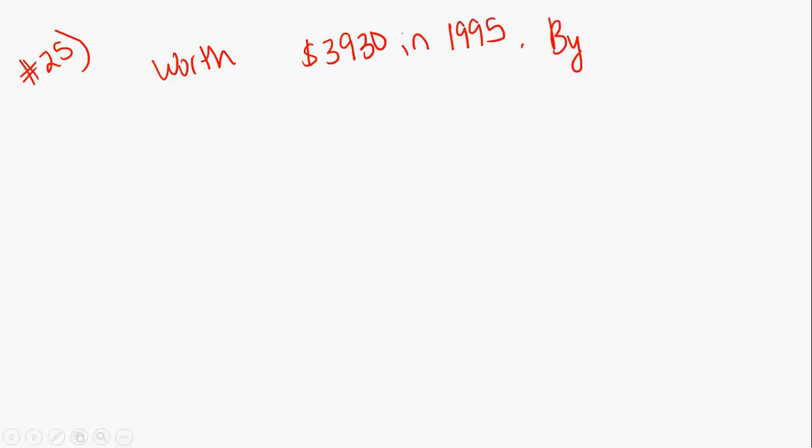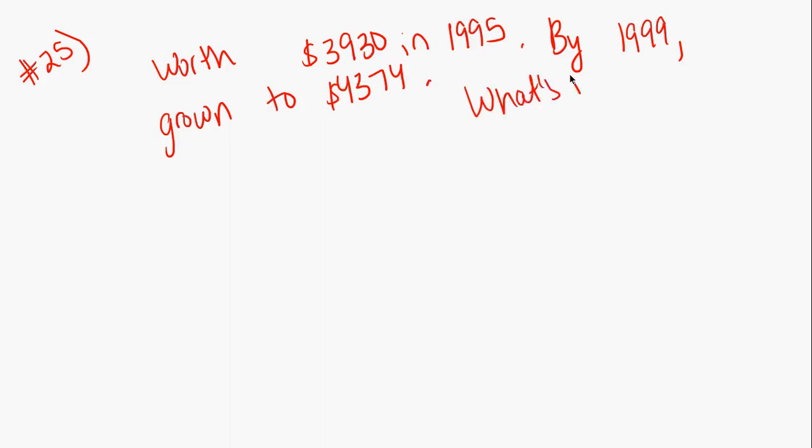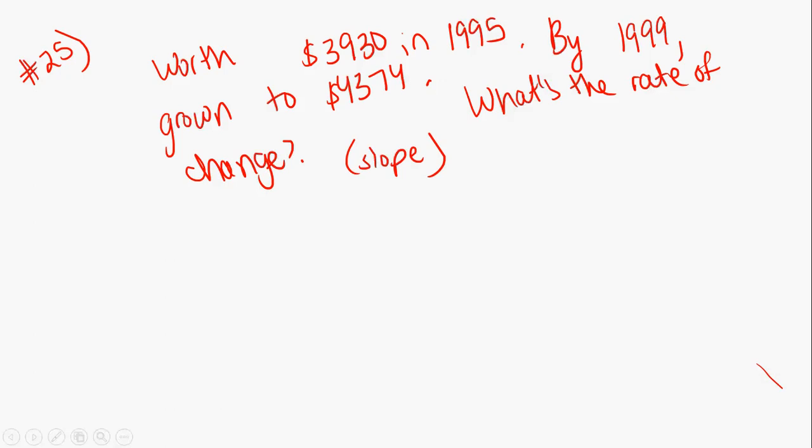By 1999, it has grown to $43.74. What's the rate of change? So rate of change is really just asking us about a slope. So we're going to have to, first of all, start by making these into points.